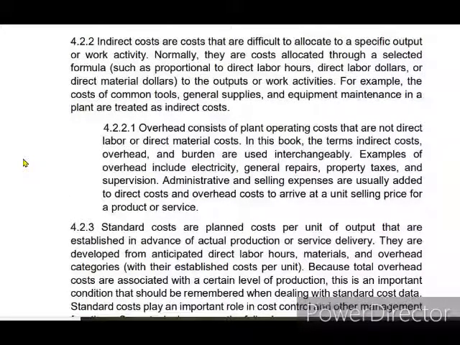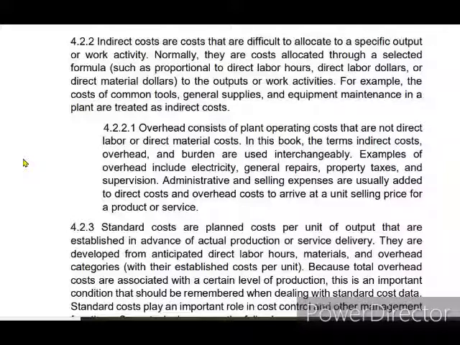4.2.2.1 Overhead consists of plant operating costs that are not direct labor or indirect material cost. It is under indirect cost, the overhead cost. In this book, the terms indirect cost, overhead, and burden are used interchangeably.